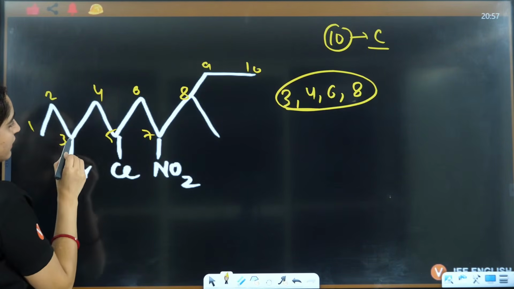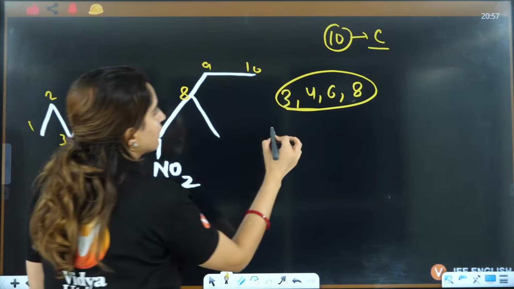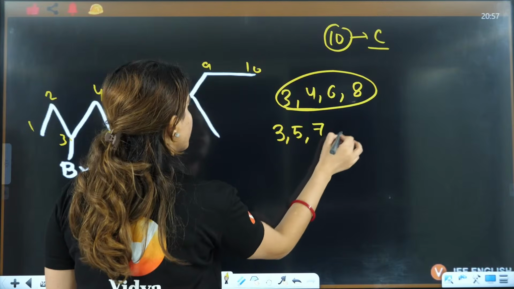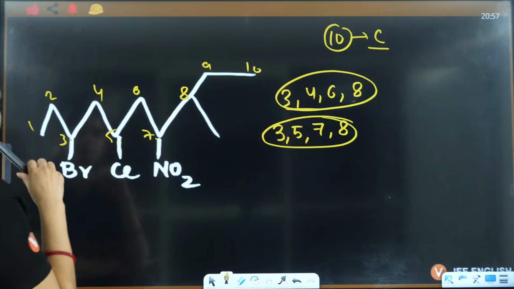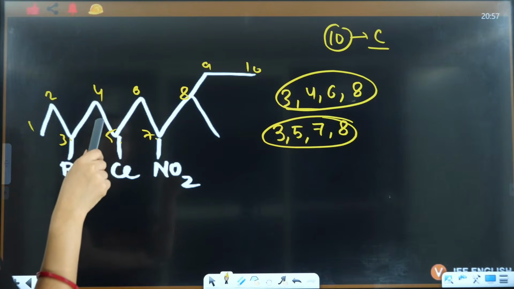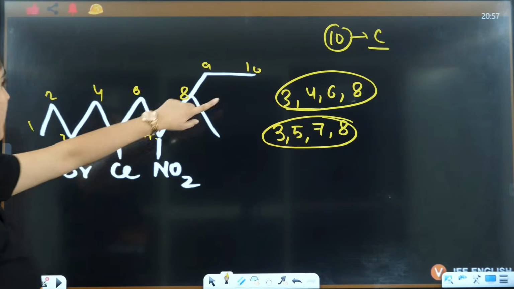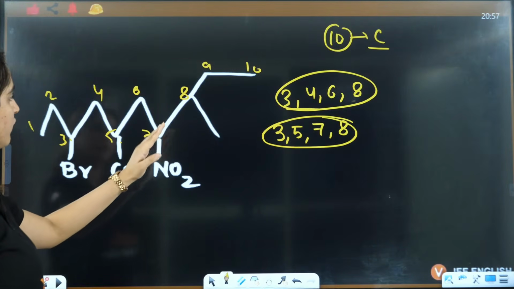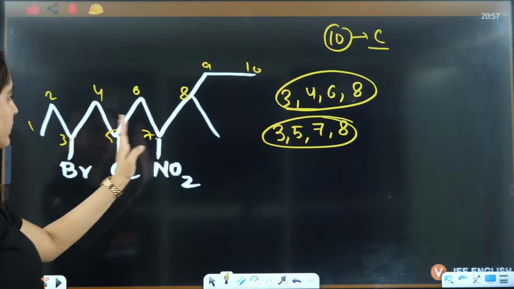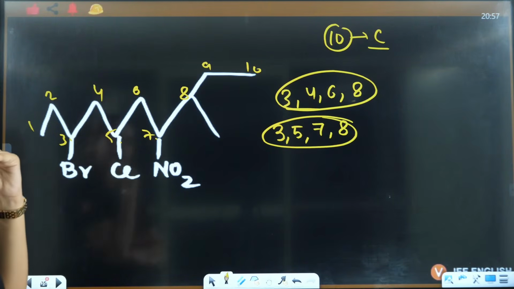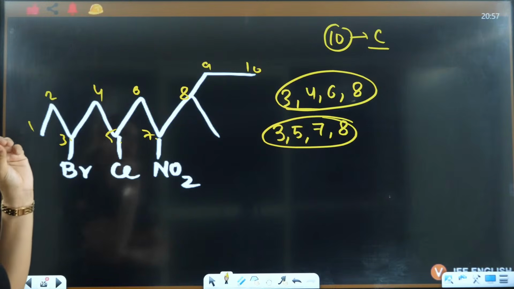Here you have 3, 5, 7, 8. Right? Isn't it? Wait a minute. Here it was 3, 4, 6, 8, right?